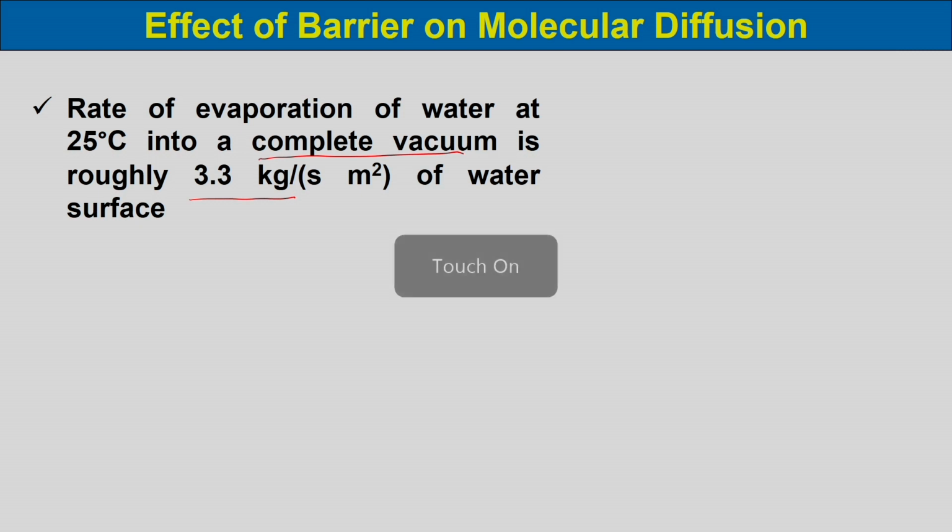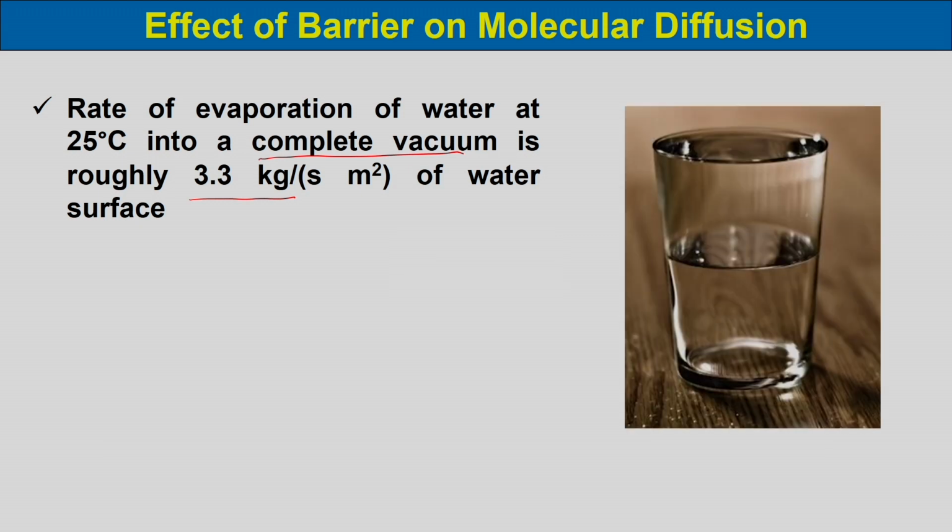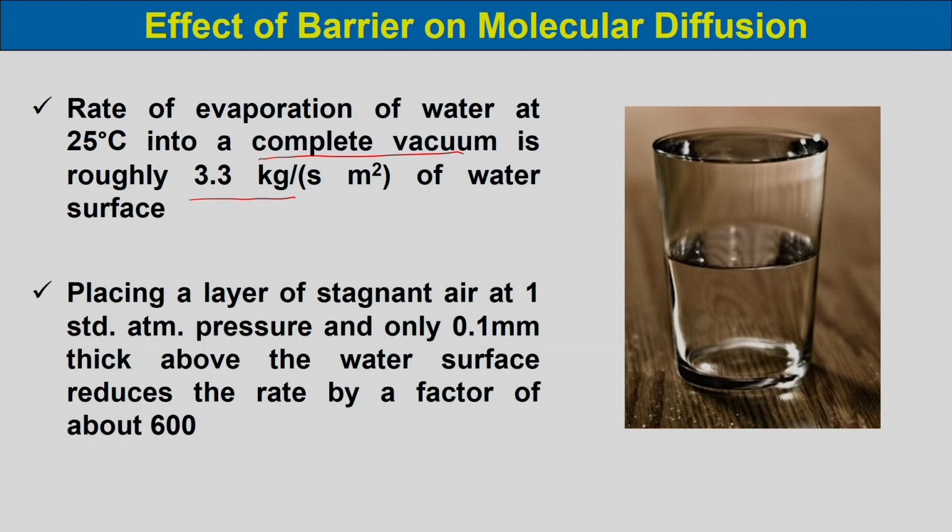However, if we place a small layer, maybe a thickness of around 0.1 millimeter, on top of this water surface, then the rate of diffusion will reduce by a factor of about 600. This shows the barrier has immense importance in molecular diffusion.